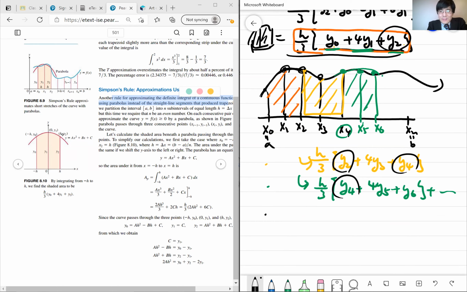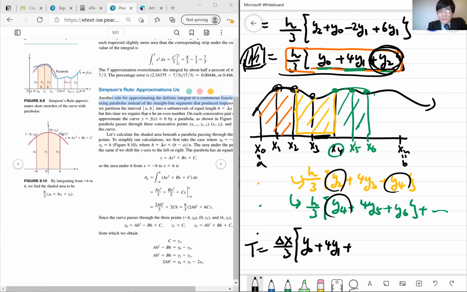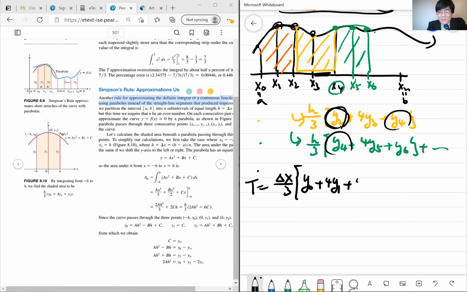So let's say h is delta x. The total area is going to be delta x over 3 times the first y value, plus 4 times the second y value, plus y2 from the first parabola and another y2 from the next one, plus 4y3 plus y4.